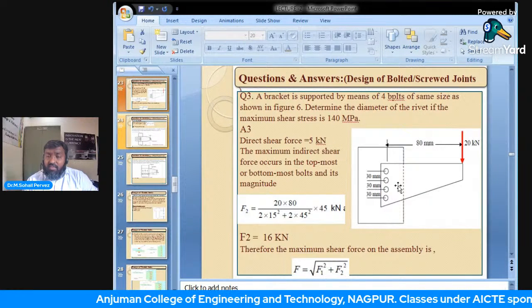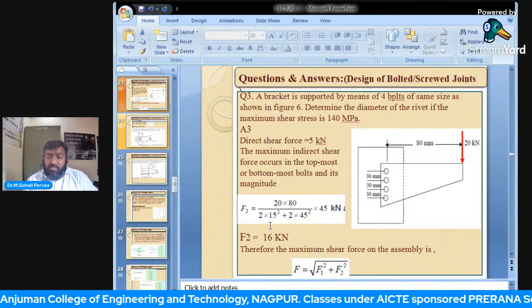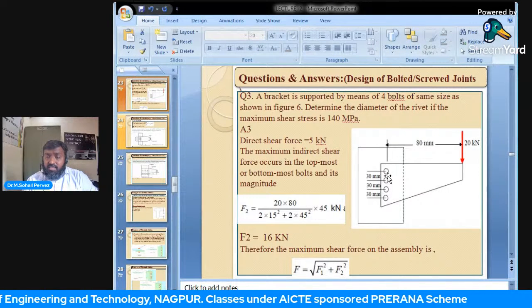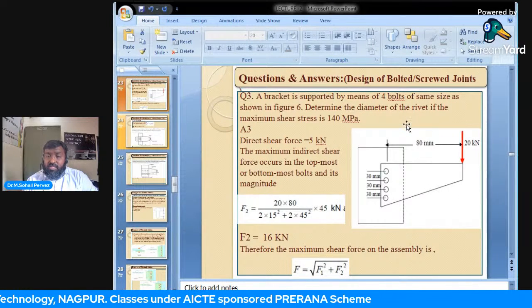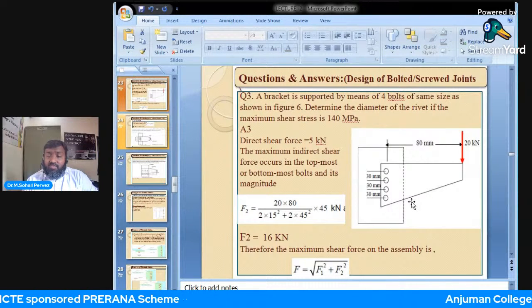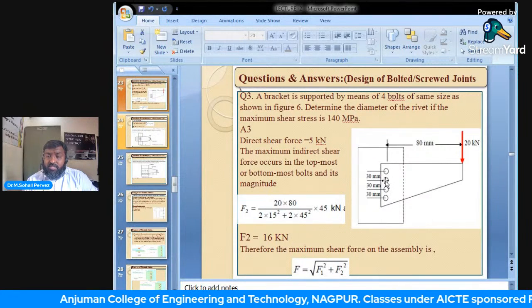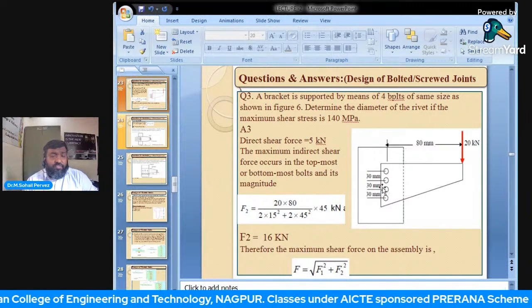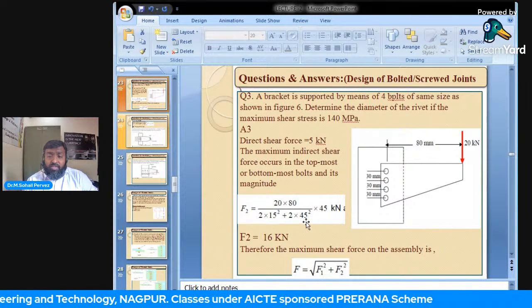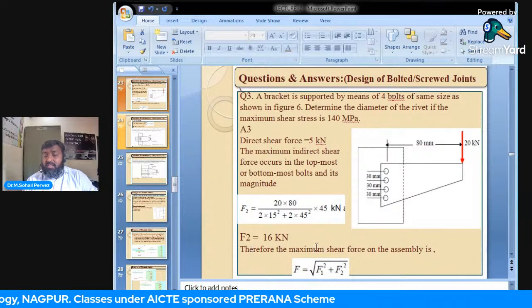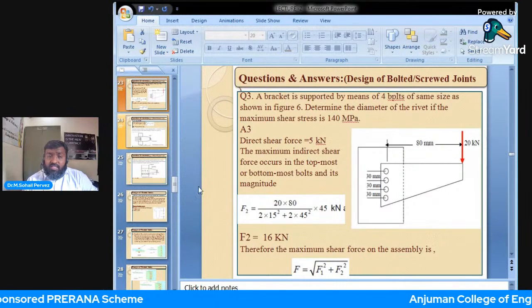The CG will lie at half this portion, so 30 plus 15, so 15 from there, and that's why 2 into 15. For these two, 1, 2, 3, 4, for 1 and 4, it would be 45, and for 2 and 3, the CG would be between them, so 30 divided by 2, 15. So this distance would be 15, and this one 45, and the answer would be 16 kN. The maximum shear force of the assembly.